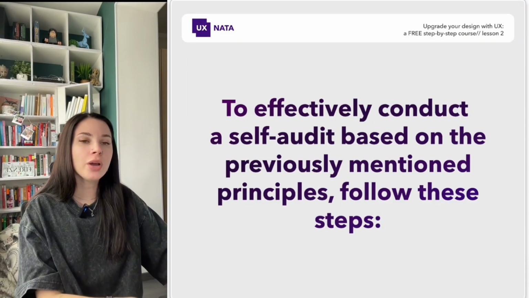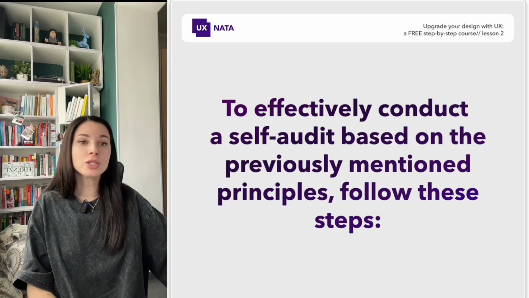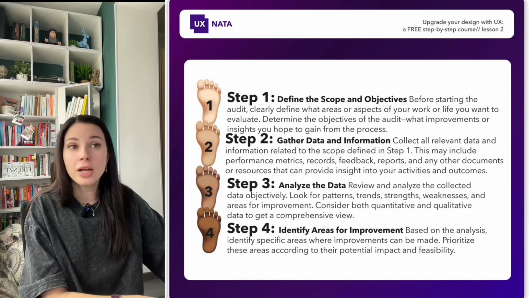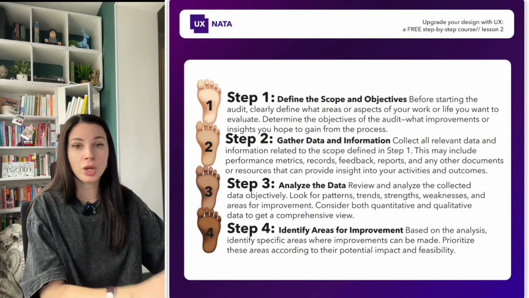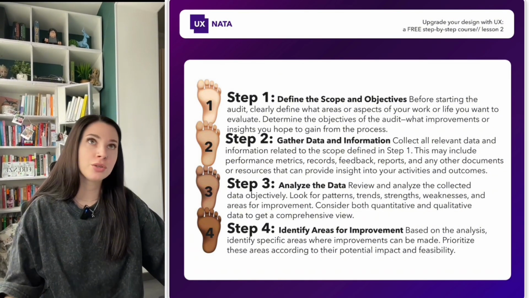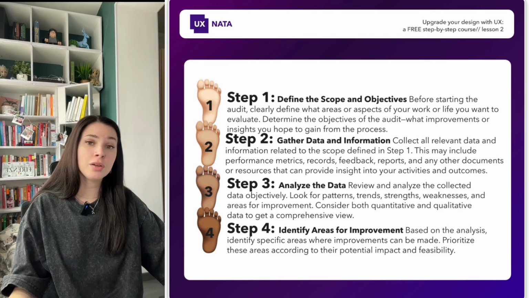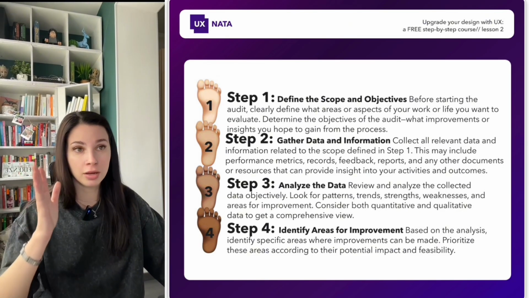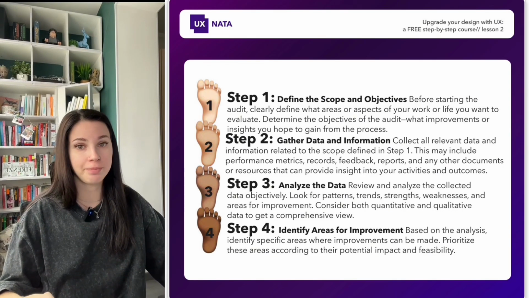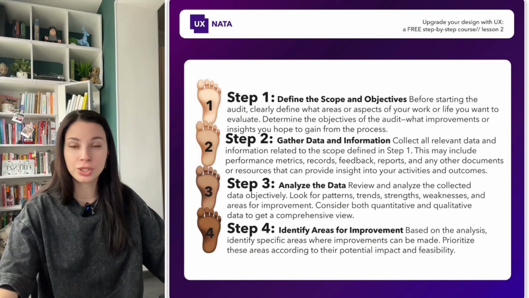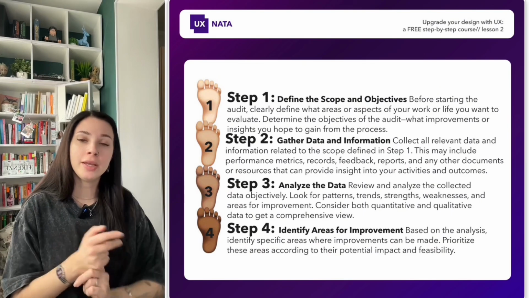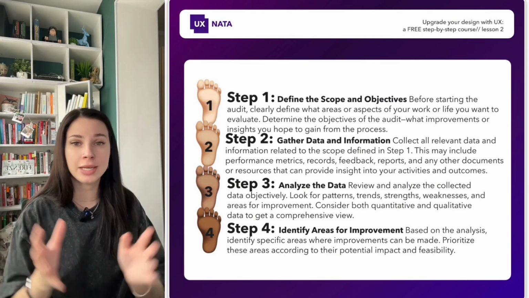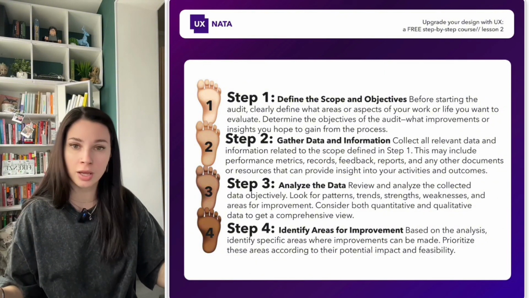Then, how to conduct it. To effectively conduct a self-audit based on the previously mentioned principles, follow these steps. Define the scope and objectives. Not just, I don't know, I would like to conduct a UX audit because it should be done. No, only real scope and objectives. Then gather data and information from your stakeholders and from other sources like the market, articles, conferences, data from the internet, anywhere.